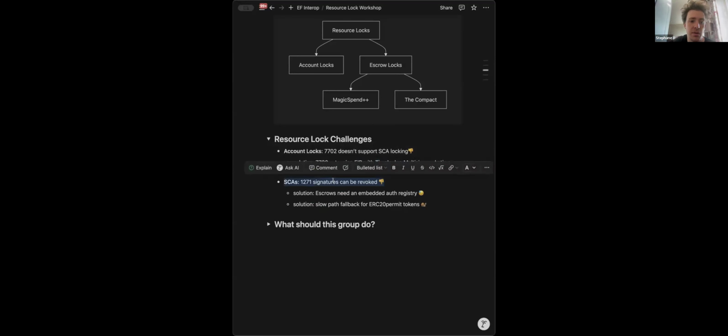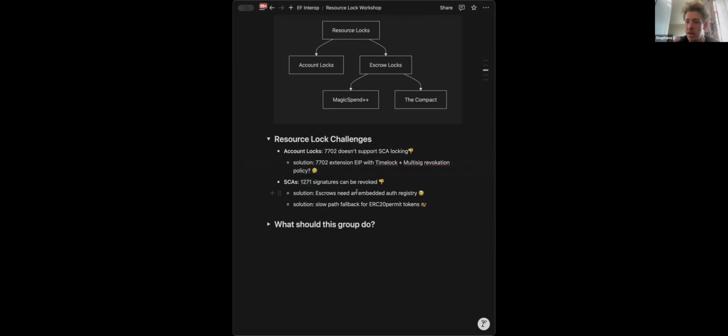The second issue that's been discussed is a limitation of 1271 signature verification, which is a standard for verifying authorizations as part of smart contract account implementations. The issue is that 1271 doesn't have any semantics around how a signature can be revoked. So as part of the flow, a solver may believe that they hold a valid authentication, but it gets revoked as part of the execution.